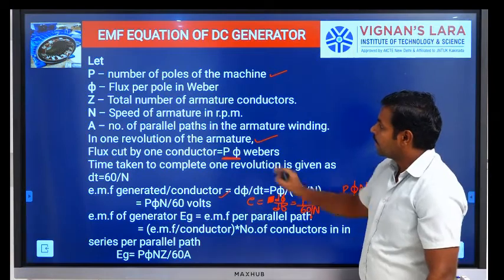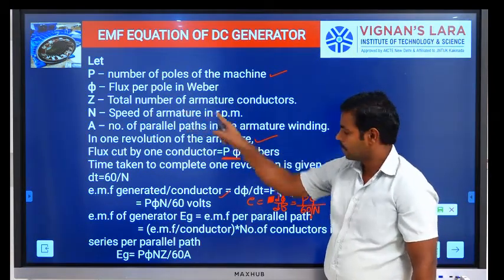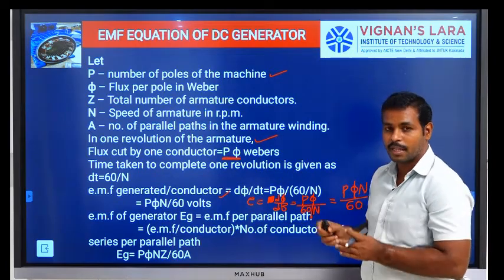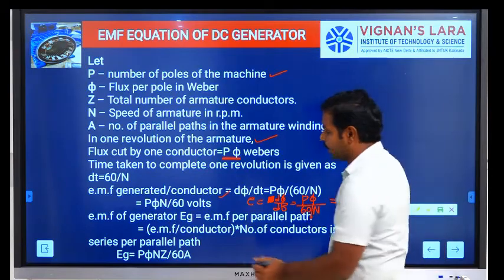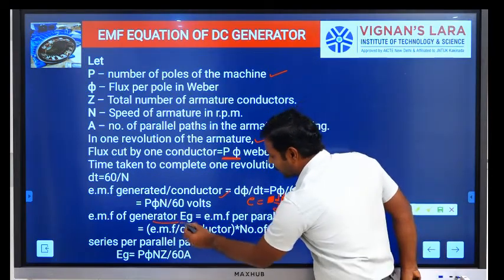The armature always carries Z number of conductors, so we can find the total EMF generated in the armature. The EMF of the generator is denoted by EG.